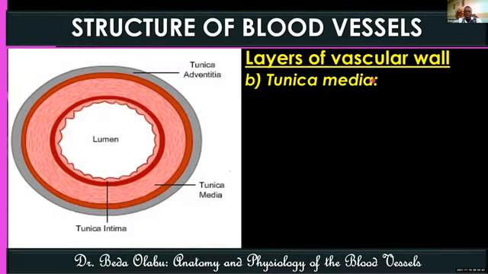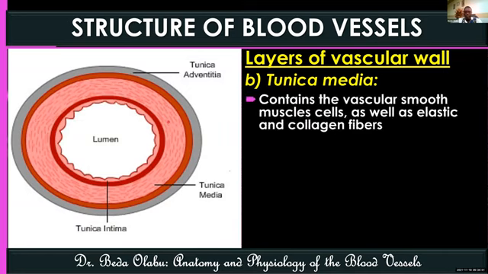Now let's talk about the tunica media. This is the tunica media. Usually that layer contains vascular smooth muscles. It also contains the elastic fibers and collagen fibers.